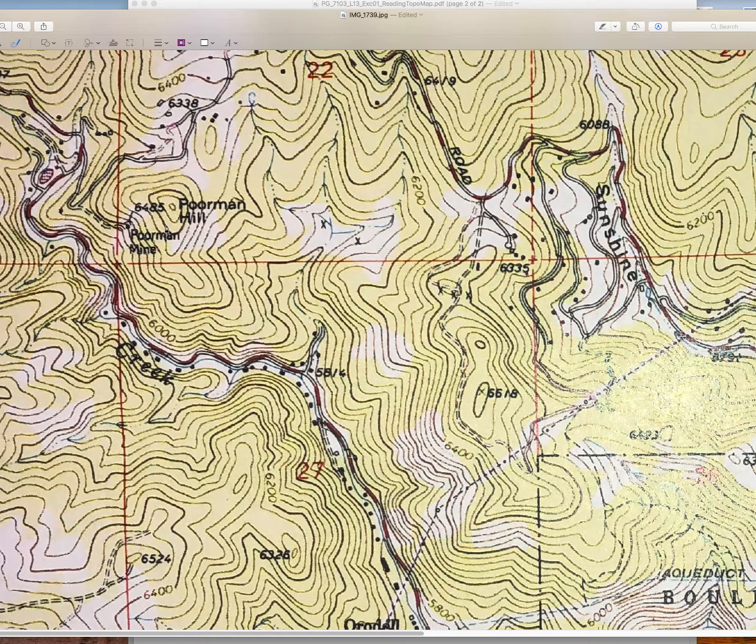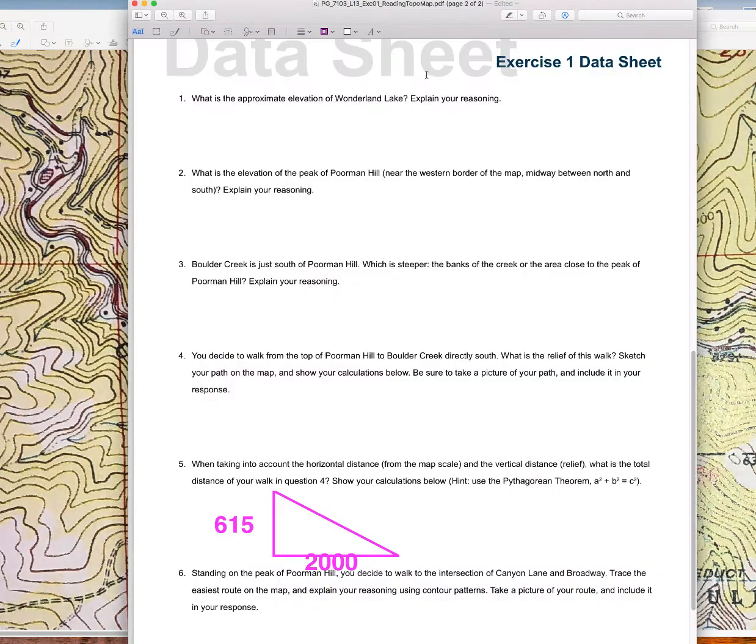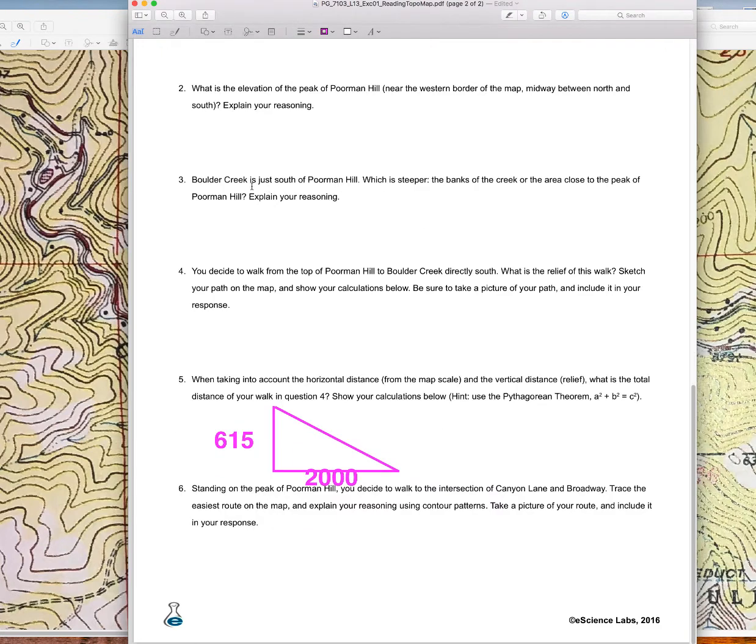Then I go 40 feet above that, 6,440, another 40 feet, 6,480, and Poorman Hill is a little bit higher than that. So that's where they get the 85. It makes sense. So for your explanation or your reasoning, explain that you use the contour lines to figure out that Poorman Hill is 6,485 feet.